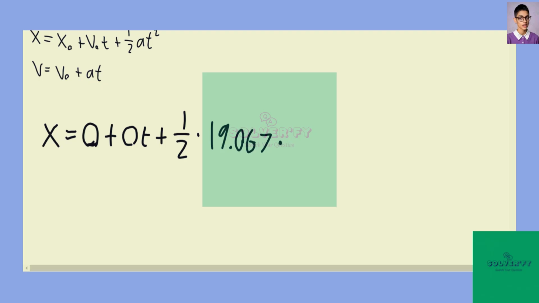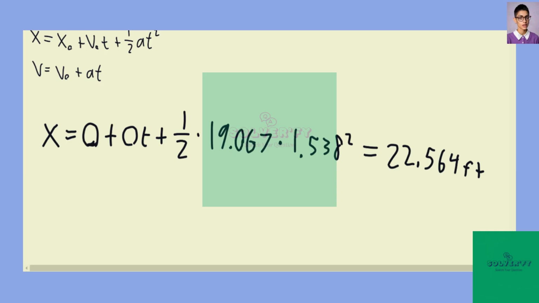In this case, t is the 1.538 seconds squared. And this tells us that the bike has traveled 22.564 feet. So now we know how far the bike has traveled in this span.